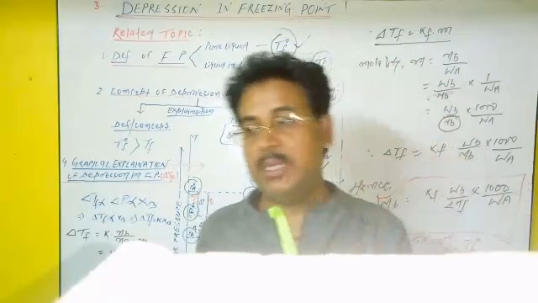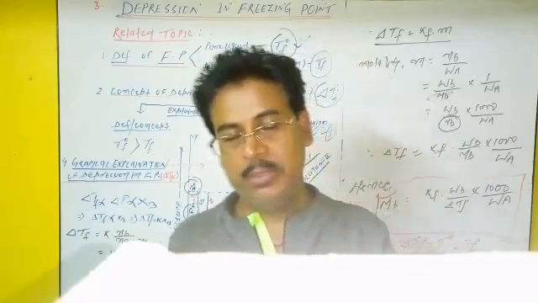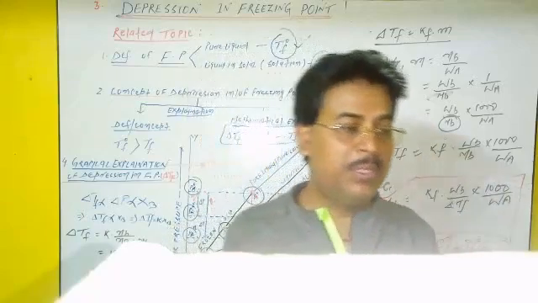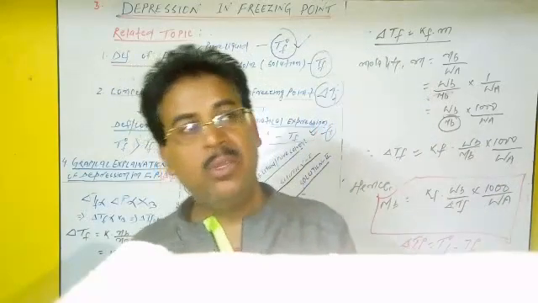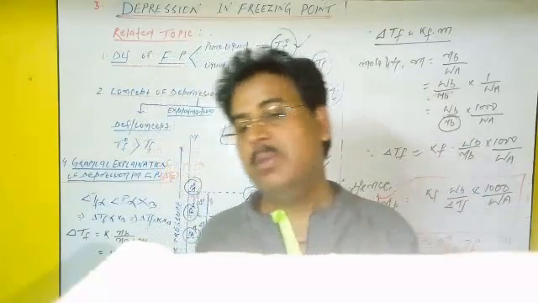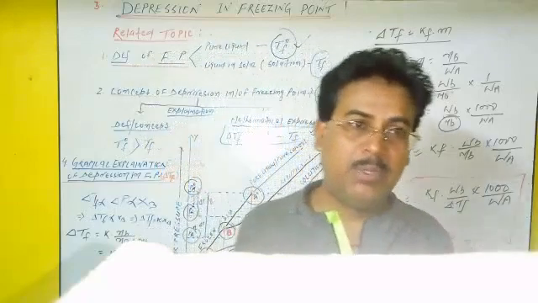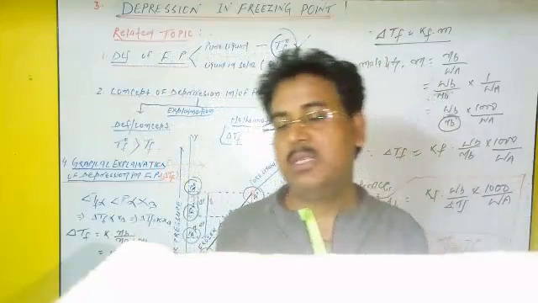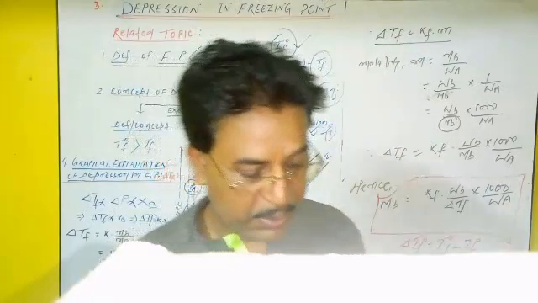Hence depression in freezing point depends largely on the molar concentration of the solute in solution, the relative number of solute particles, but it is independent of the chemical nature of the solute. Hence we can say that depression in freezing point is also a colligative property.